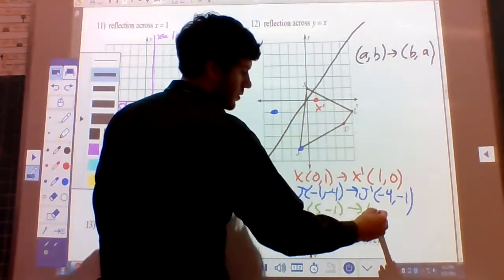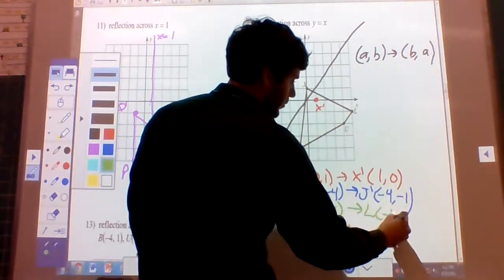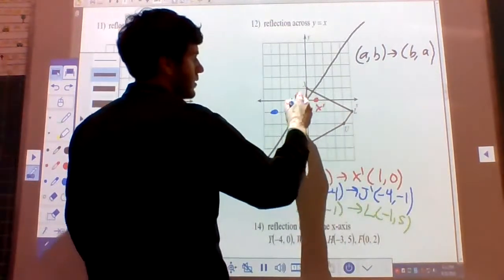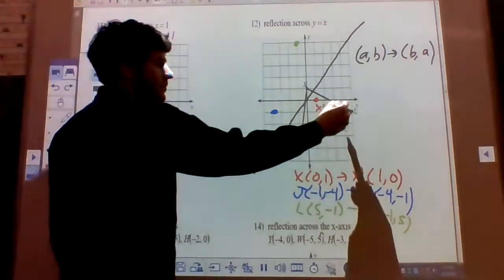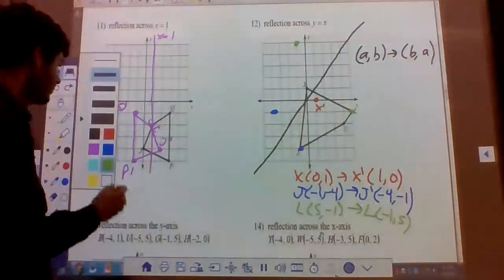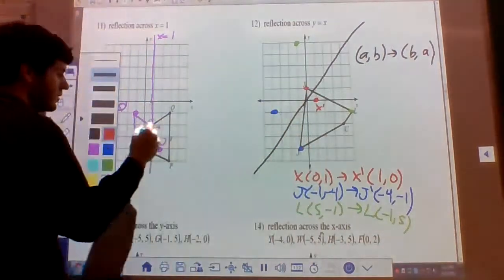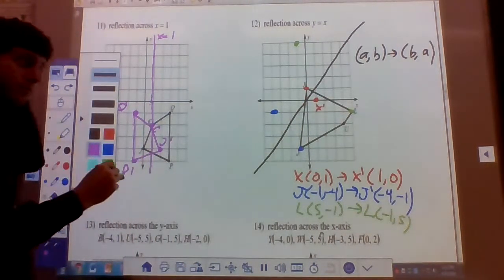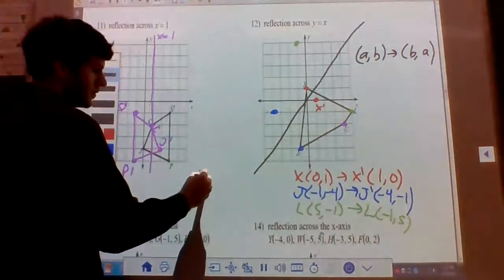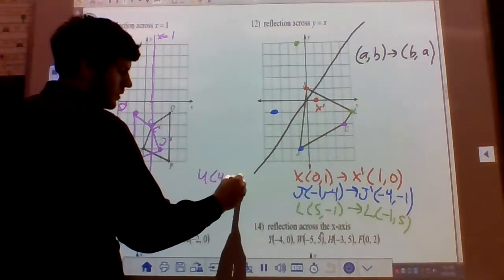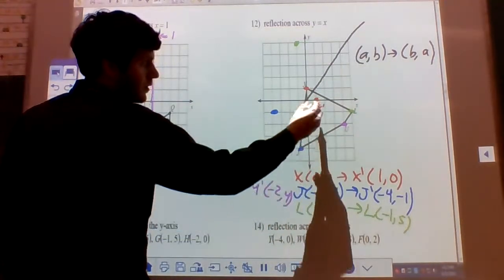So L prime is going to become (-1, 5). And then U is going to go from (4, -2). And then U prime is going to be (-2, 4).